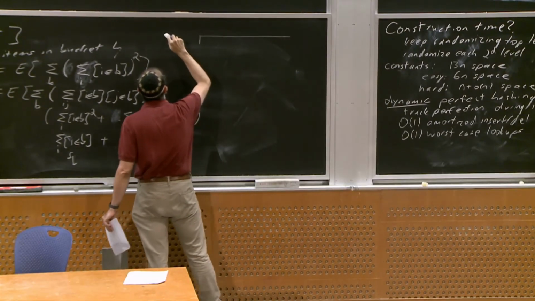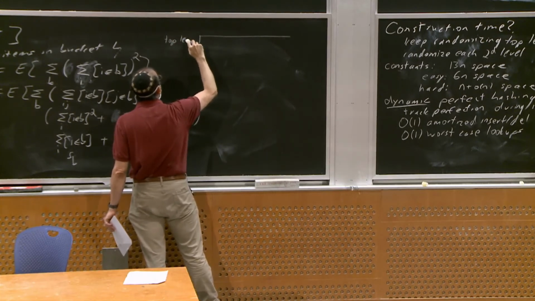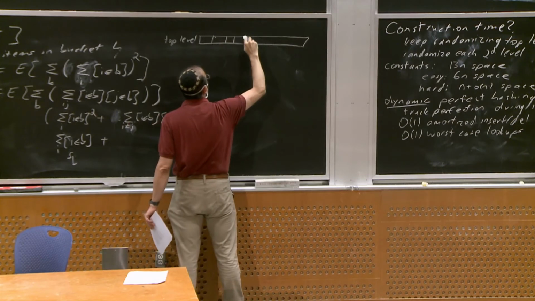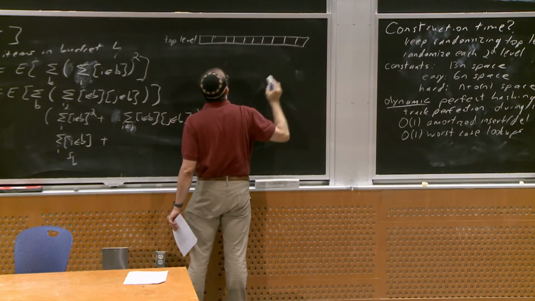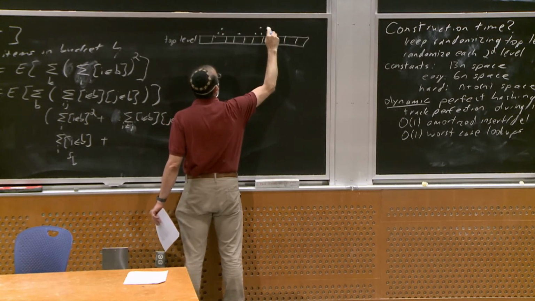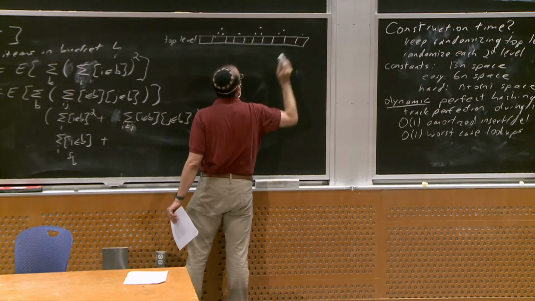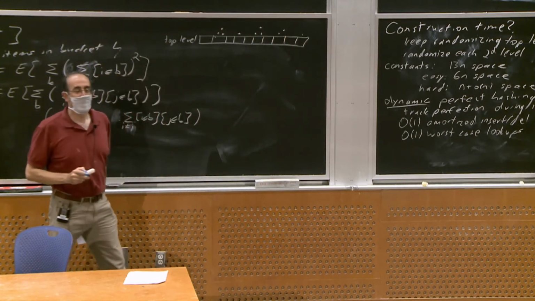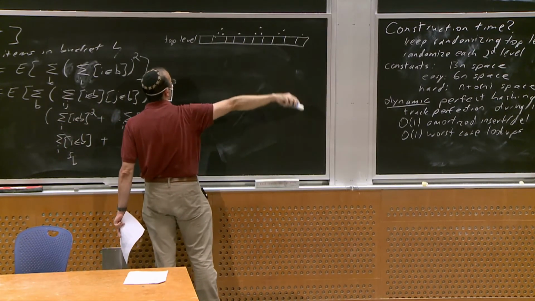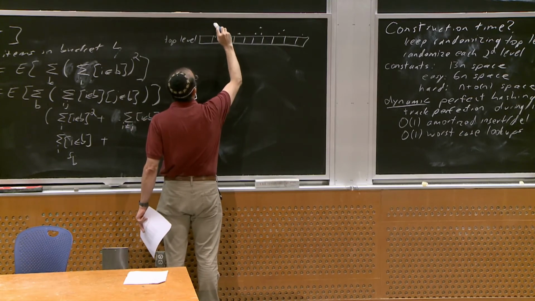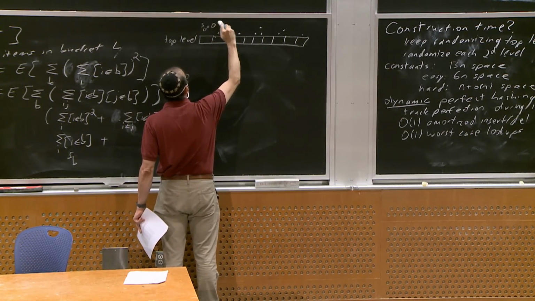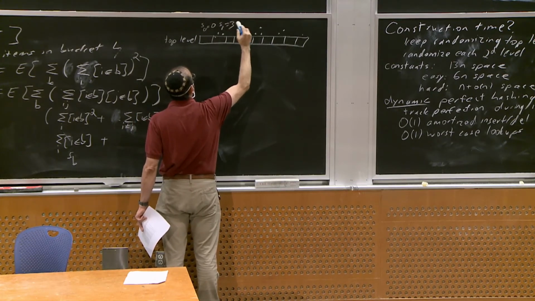To do this two-level hashing, we create a top-level hash table, and we hash all of the items to different buckets in the top level hash table. And that is a 2-universal random hash function. Each of these buckets is going to have a certain number of items in it.